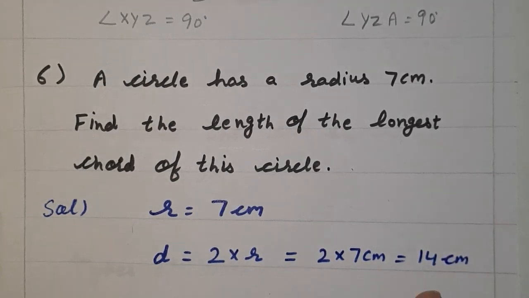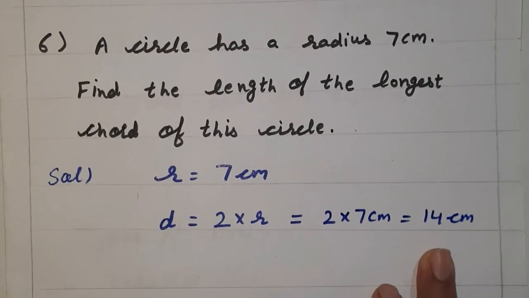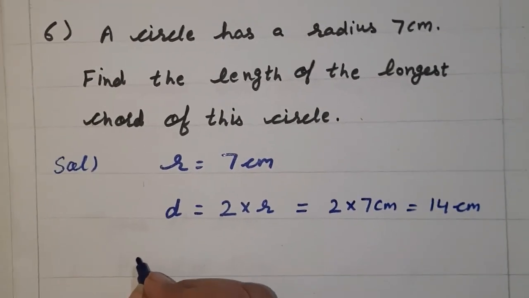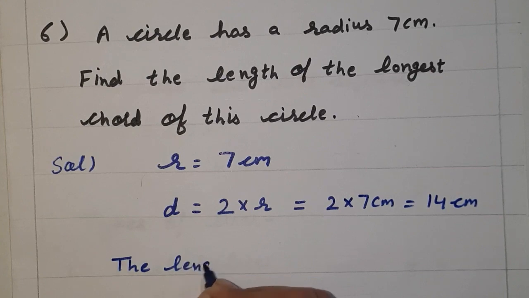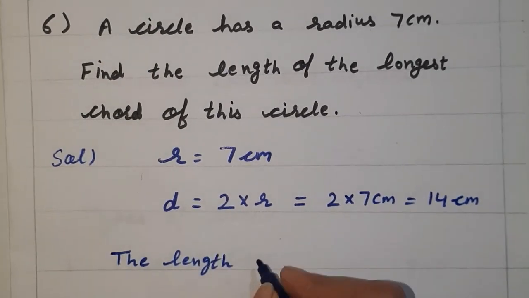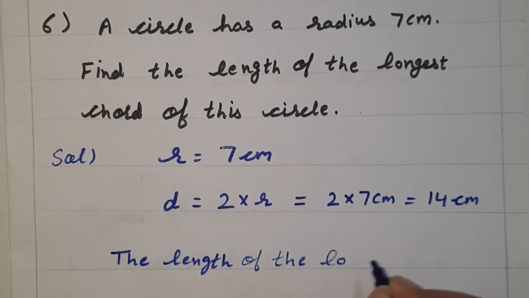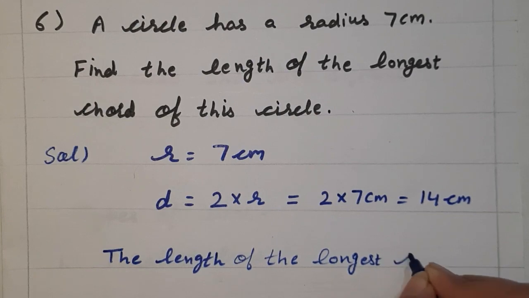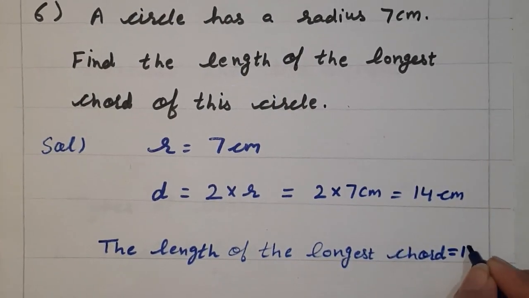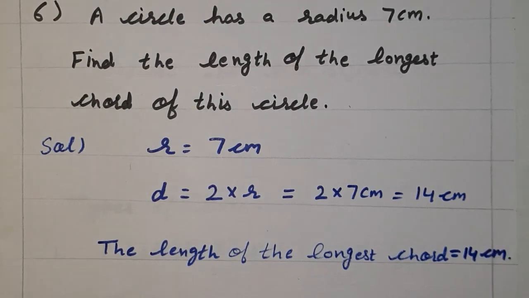So this is the length of the longest chord. To write down, the length of the longest chord is equal to 14 centimeter.